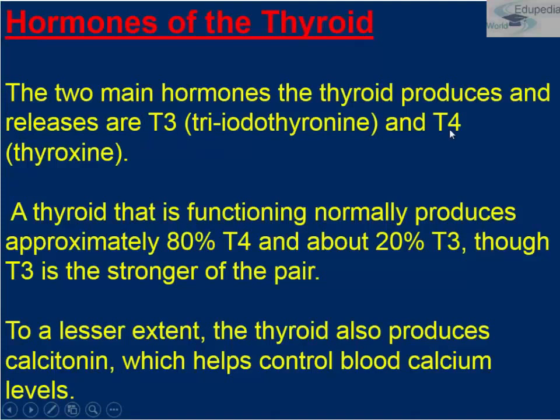To a lesser extent, the thyroid also produces calcitonin, which helps control your blood calcium level. Thyrocalcitonin is a hormone, and it is polypeptide in nature.